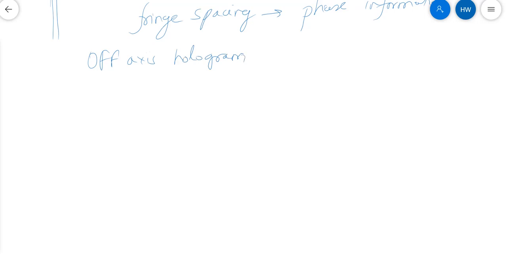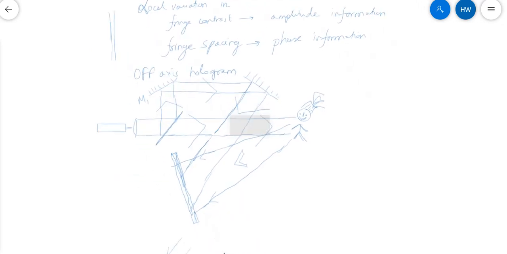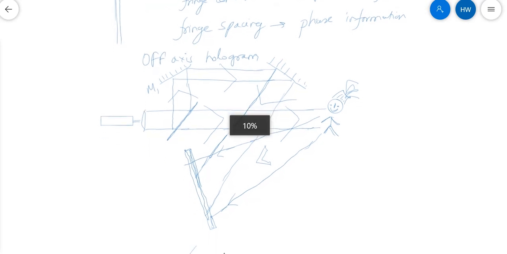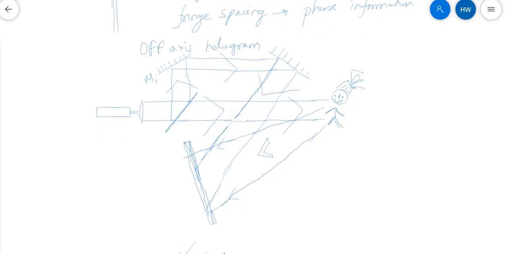So let me quickly first draw the setup, and then I'll get back to you. All right. So this is the setup for my off-axis hologram. This I have got is a laser source. It is emitting radiation.